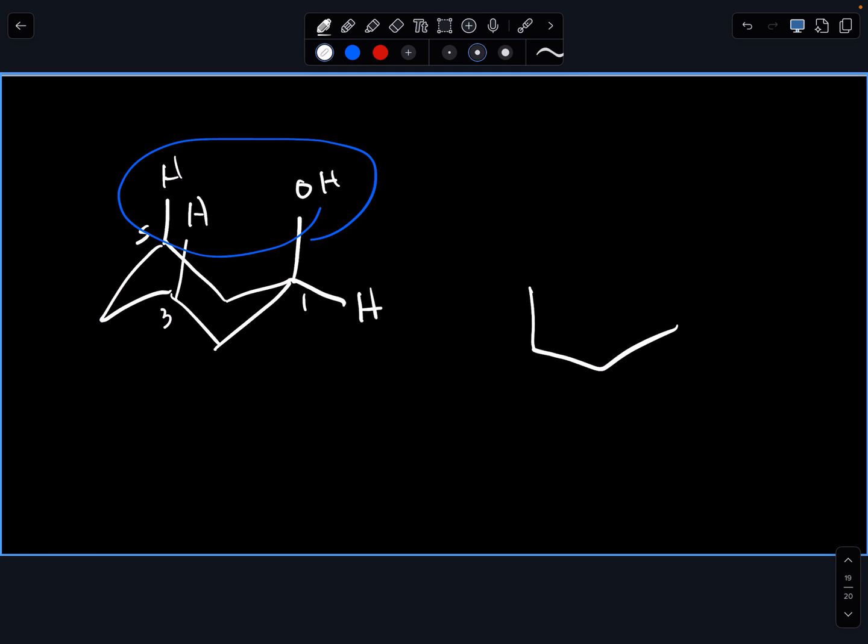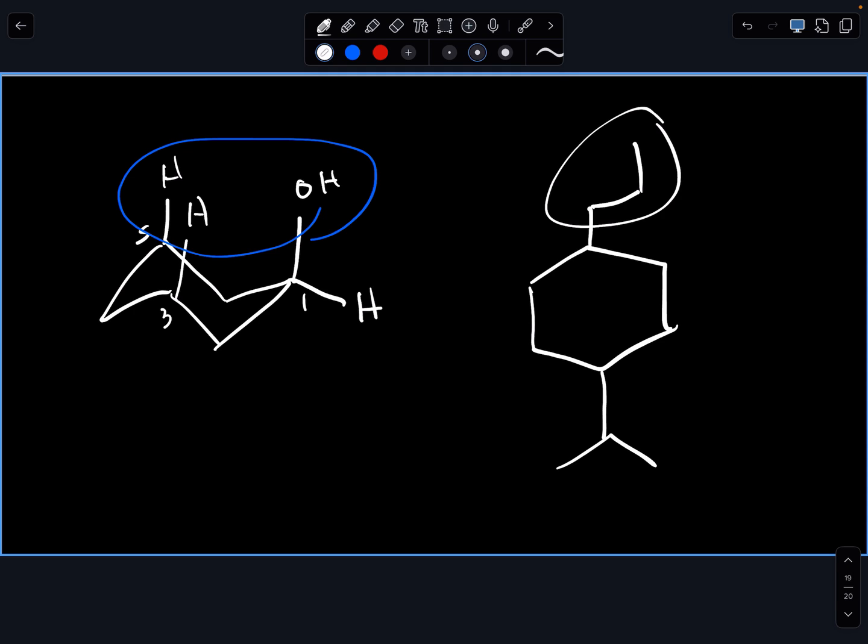Let's say a cyclohexane like this, I'd call that a propyl group. But this one I would call an isopropyl group, because it's still 3 carbons, but it's attached on carbon 2. The IUPAC name would be a 2-propyl group, and 1-propyl group would be the other one.